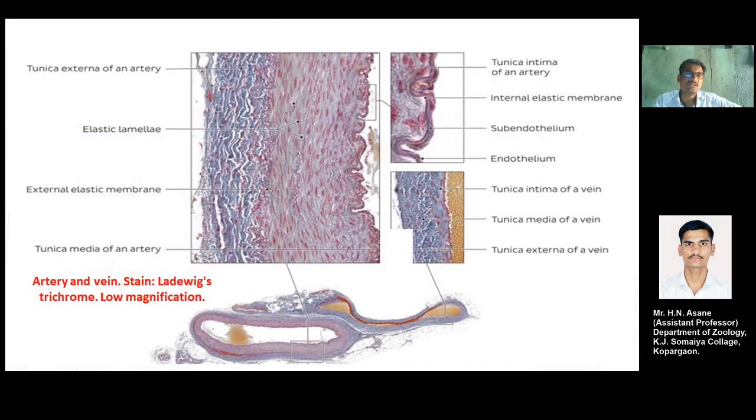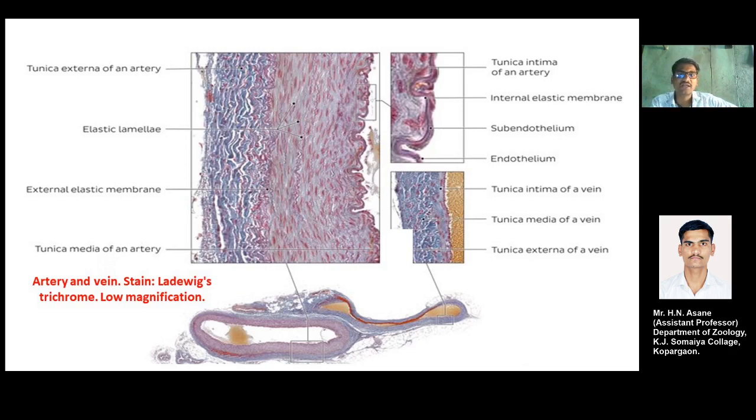As you can see in this picture, the artery and vein. This is the transverse section at low magnification. You will see the various coats.